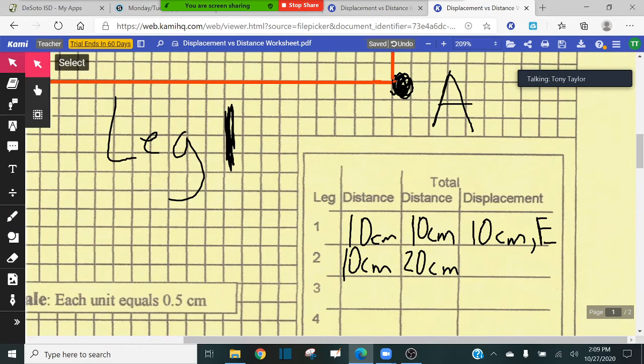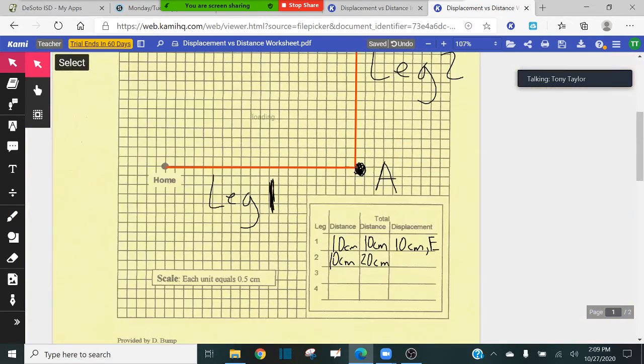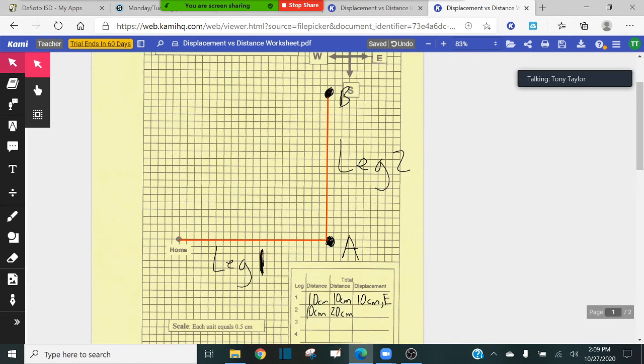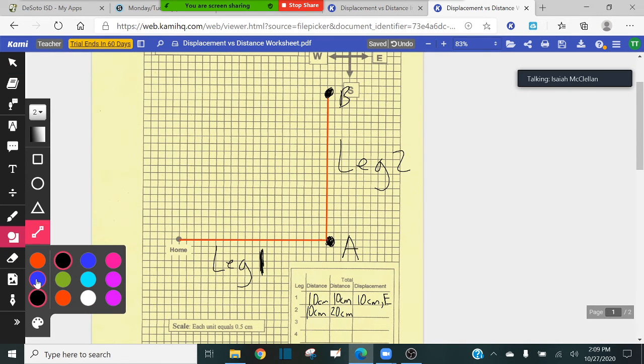But someone tell me, what is our displacement? Now, this is tricky for a lot of students here. How do we find the displacement between this point and that point? What do y'all think? We use a 2D vector.